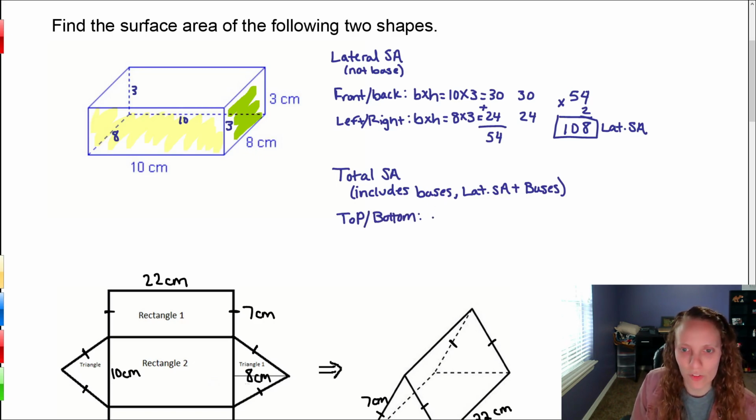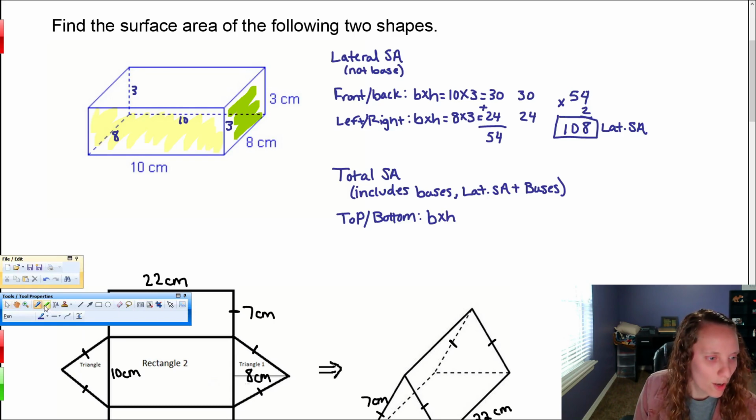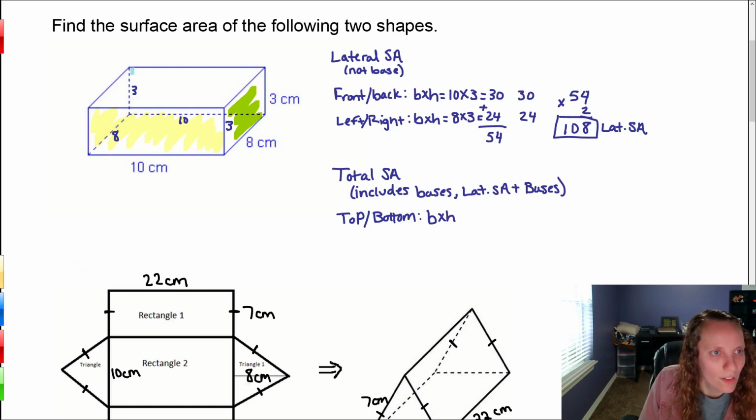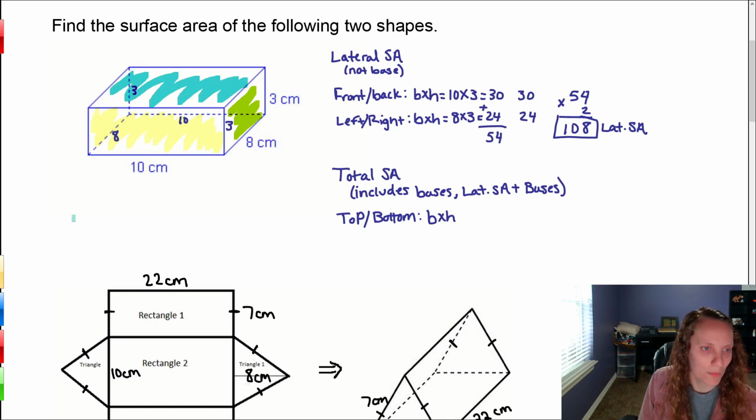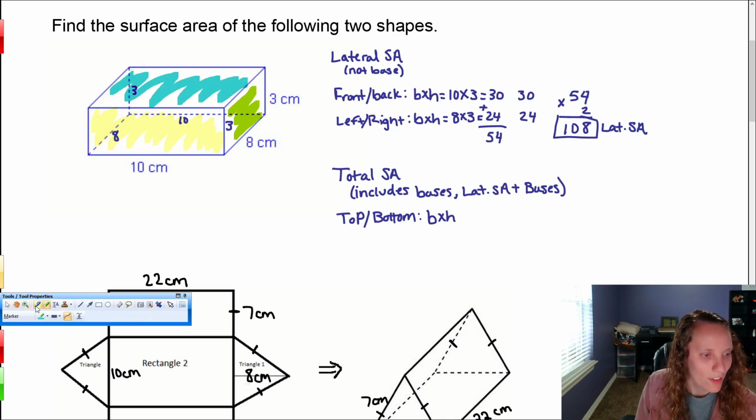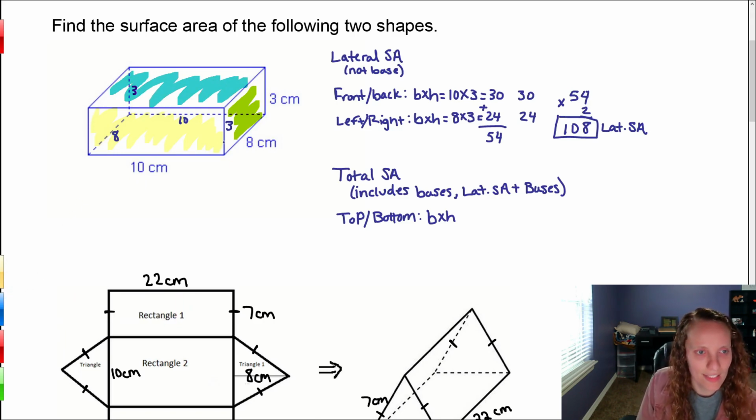These are rectangles, so we're still going to use the same formula, area equals base times height. The top and the bottom would include this side here that's blue, and then the bottom side. They're going to be the same in size. If you look at the bottom rectangle here, that's mostly yellow with a little bit of green, that'd be a 10 by 8. And if you look across the top, this longer side is also 10.